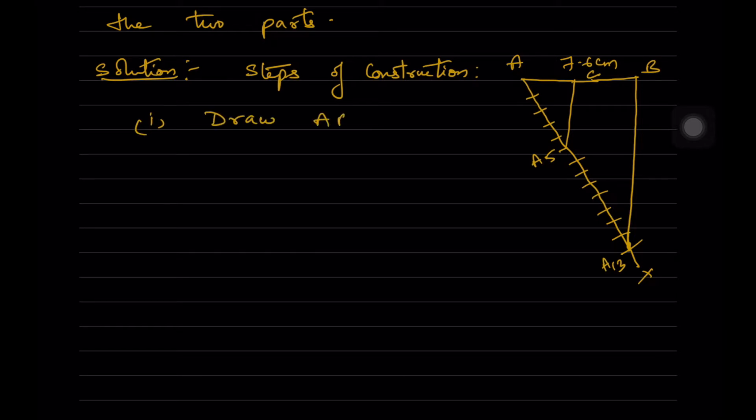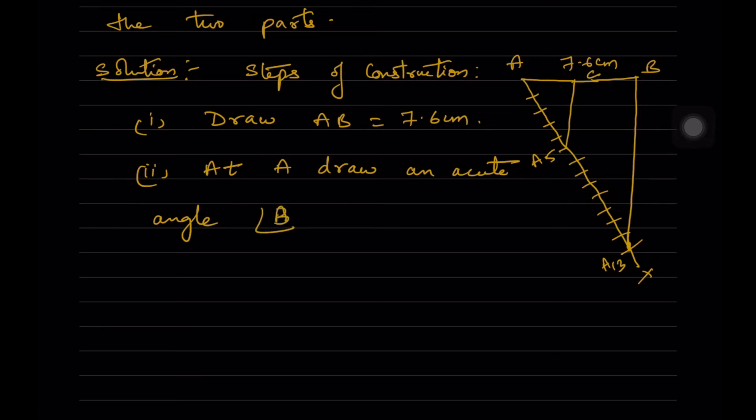Step one: draw AB equal to 7.6 centimeters. The second step is, at A draw an acute angle BAX below the line AB.